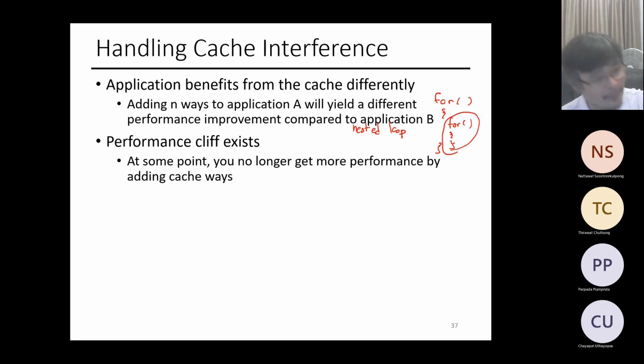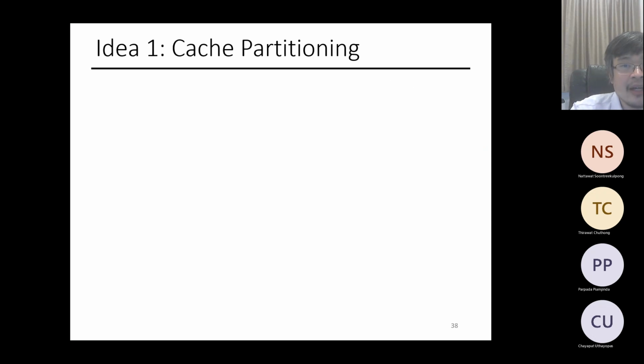But then the more you cache, you're going to see a cliff where the benefit doesn't improve much until you can actually cache everything in both nested loops. In that case, it may be a good idea to figure out where that cliff is, so I know how much cache I can give to this application. Should I give the innermost loop only, or should I cover the entire footprint of both loops, right?